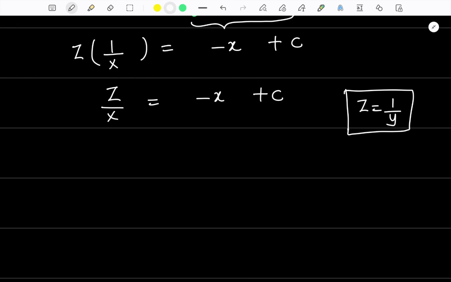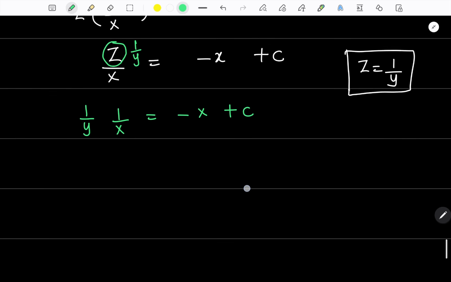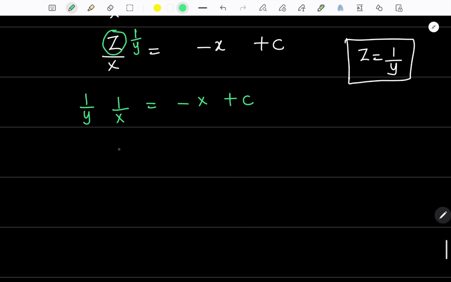Okay, right. So what happens now? We are going to put z equals 1 by y. So 1 by y, divided by x, equals minus x plus c. I want something like y equals. So what I'm going to do is multiply by x.